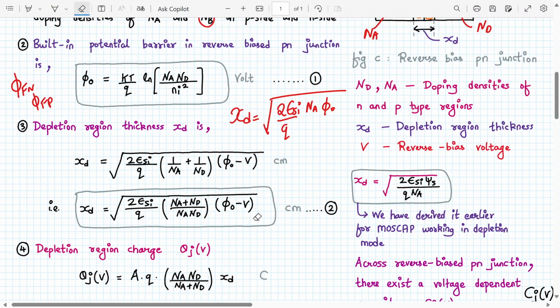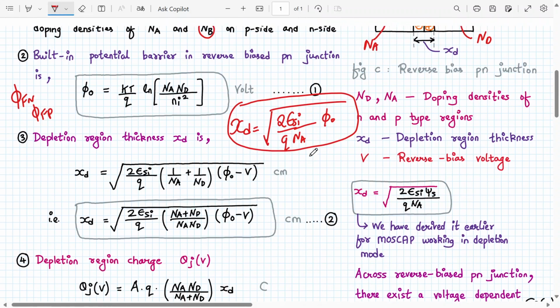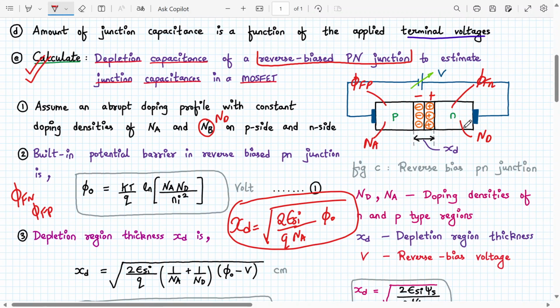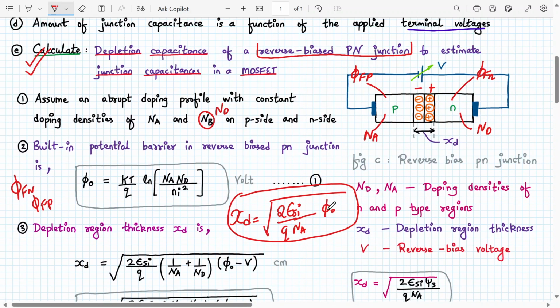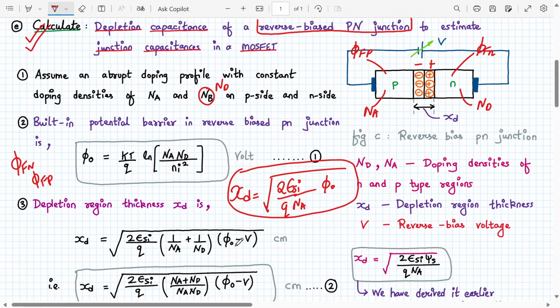I think Q Na was down, if I am not mistaken. Yes. So this was the derivation for XD. Now we are applying to Na and Nd both. Now this depletion region thickness is for the PN junction. And also this voltage has to overcome the reverse bias voltage. Okay, so this will be phi naught minus V.